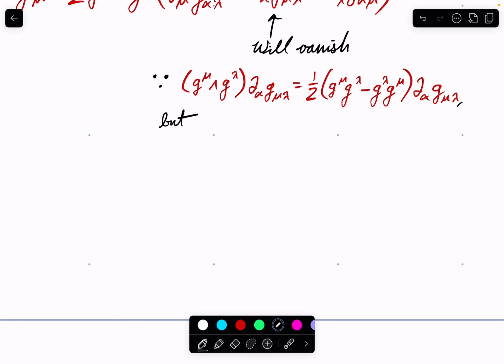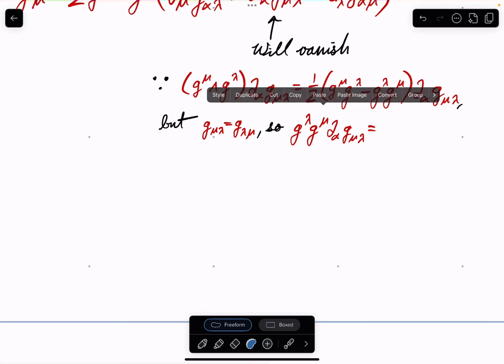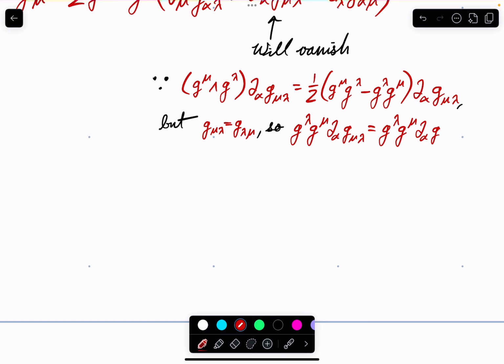But we know that the metric here is just an inner product, so it's symmetric in swapping its indices, meaning that these are equal. And this means that for g^λ g^μ partial alpha g_{μλ}, we can actually just copy this and then swap its indices.